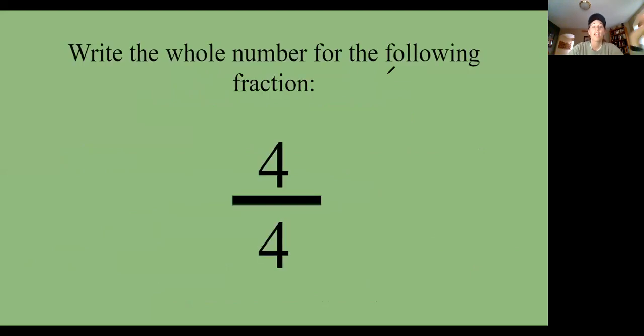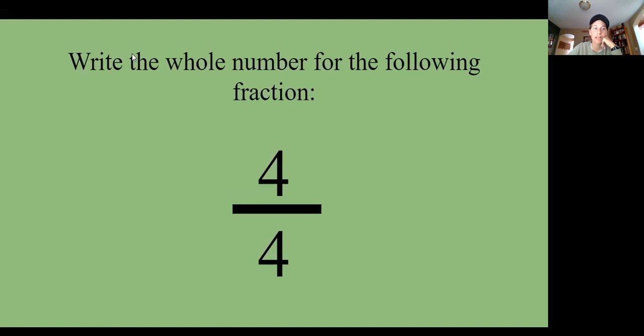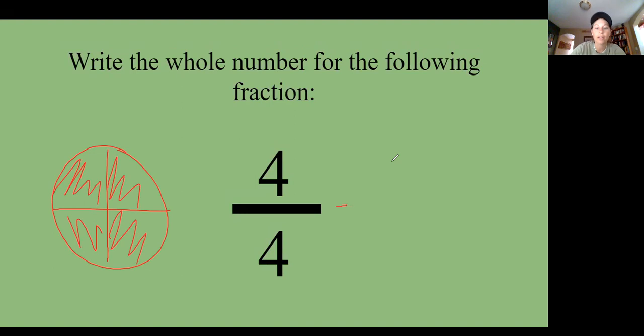All right. If we look at this fraction, it says 4/4, and 4/4 actually equals a whole number. And let me explain what I mean by that. I'm just going to draw a picture so that you can see if there are 4 pieces and 4 of them are shaded, how many circles are shaded? 1 circle.